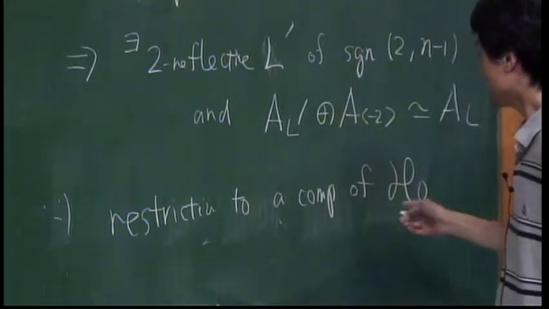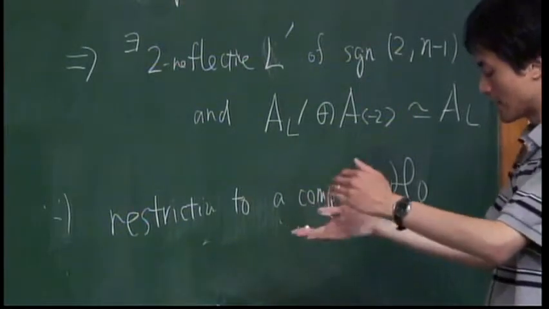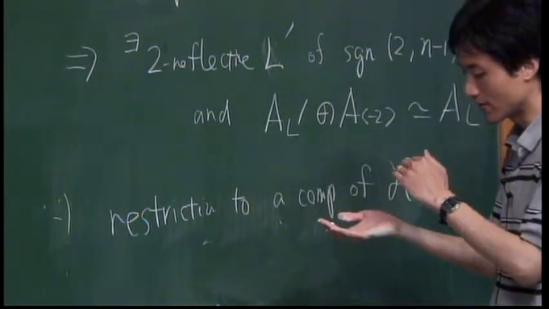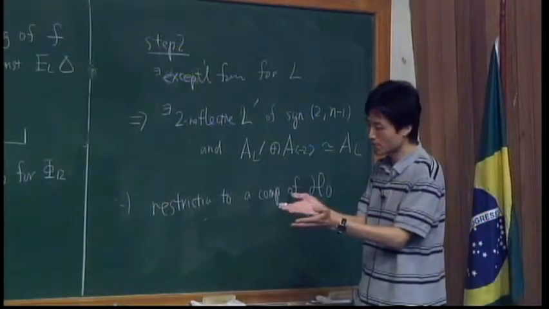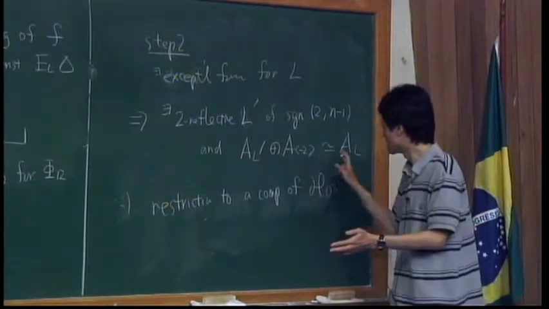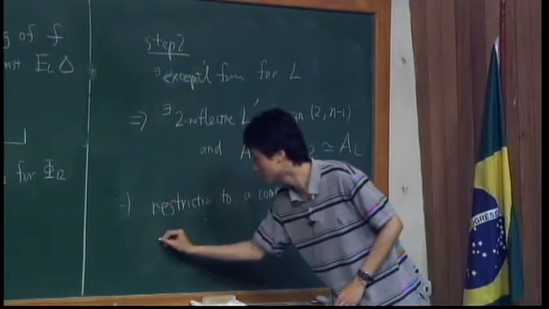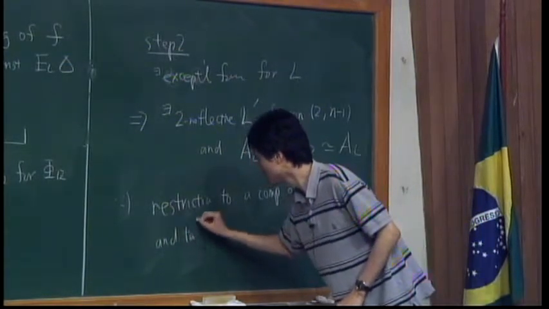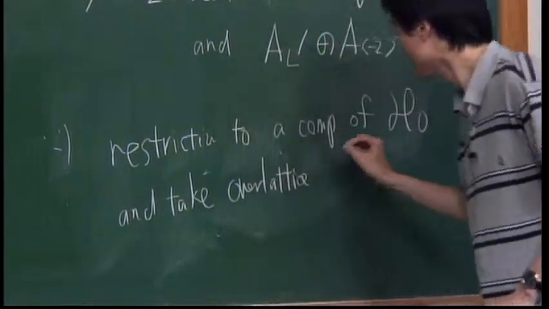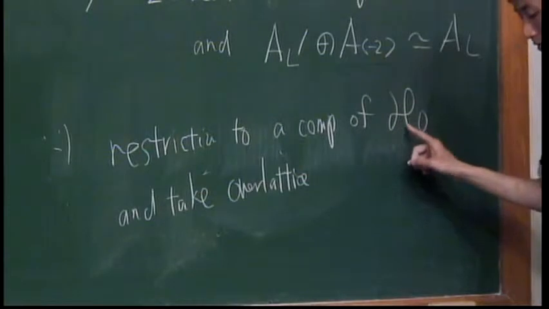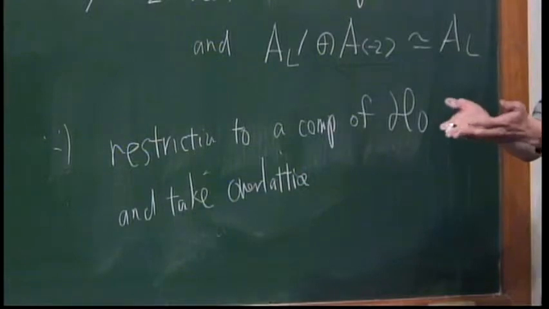And a component of this is defined by -2 vectors and by the orthogonal complement of the -2 vectors. And its discriminant form is bigger than that of L, but we can take an overlattice of the lattice for this H0, and then if we take an overlattice, the discriminant form gets shrunk.